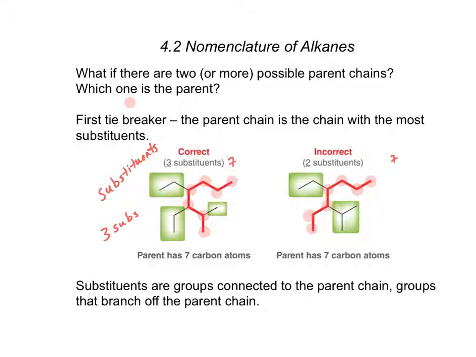So we have 1 thing coming off, we have another thing coming off. So we only have 2 substituents on this side. So the tiebreaker is always going to go to the compound with the most substituents, most branches off. So this guy had a parent chain that had 3 substituents that branched off of it. This guy had a parent chain that only had 2. This is going to be the correct parent chain.